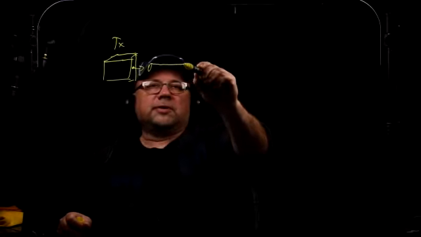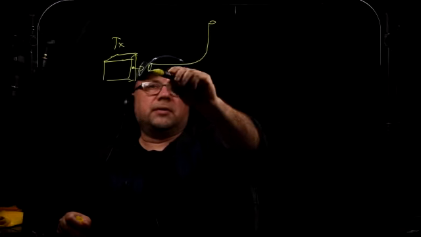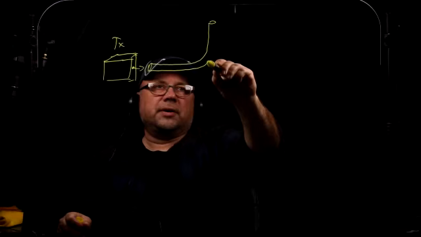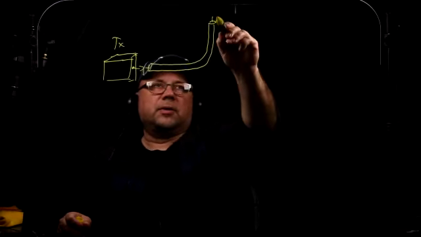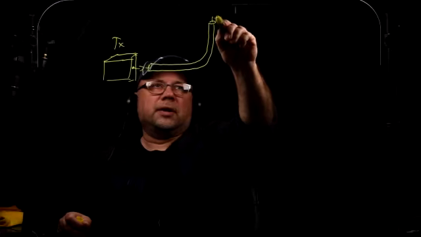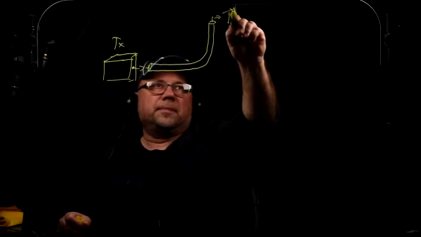Okay, that's going to be the output. And let's say this output is going to be connected to a coaxial cable, just a magnified version here. And this coaxial cable is going to be connected to, let's say, an antenna. Okay.